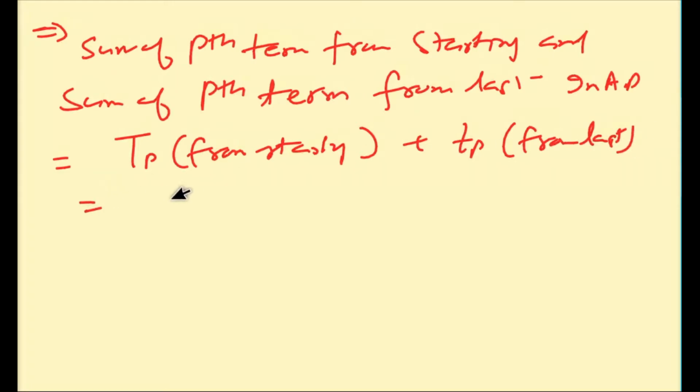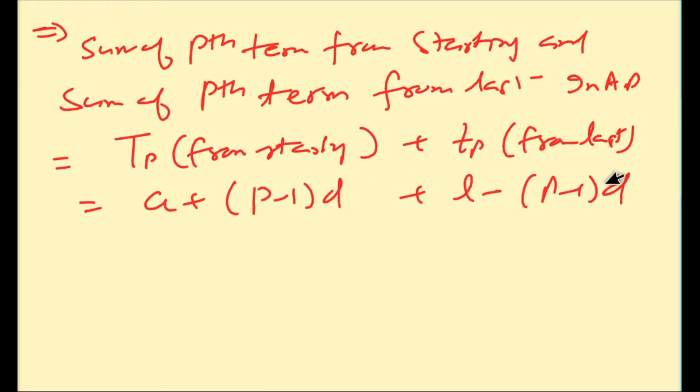Using the formulas we have learned, A plus (p minus 1)D and L minus (p minus 1)D, the terms cancel. What is left is A plus L, and that is constant.